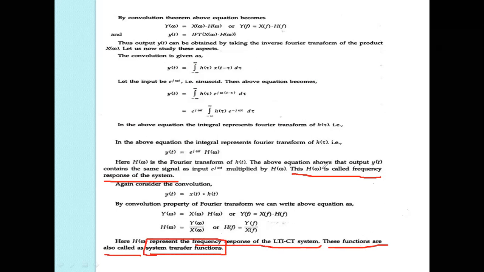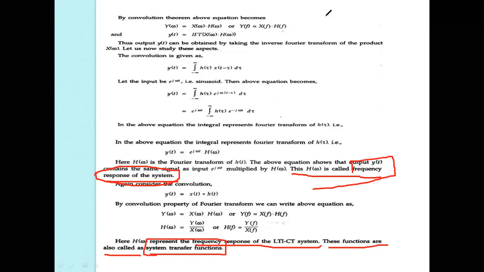I told you that H of omega, we can call it the frequency response of the system or the system transfer function. System transfer function or frequency response of the system, both are H of f or H of omega.